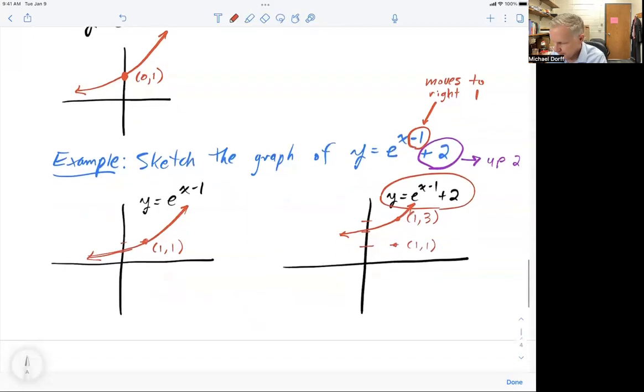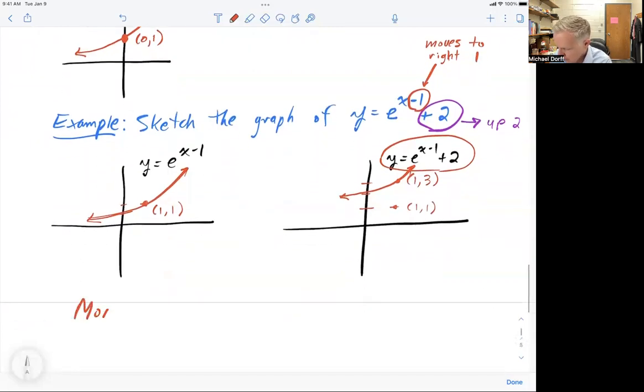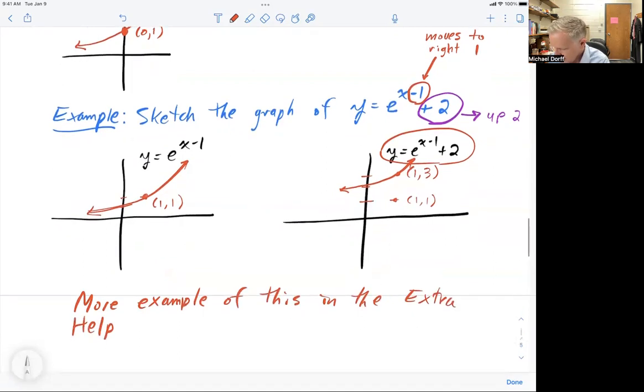Now if you want more examples of this, there's another example in the extra help videos that are on Canvas in the module. And this is the one like homework number 2.